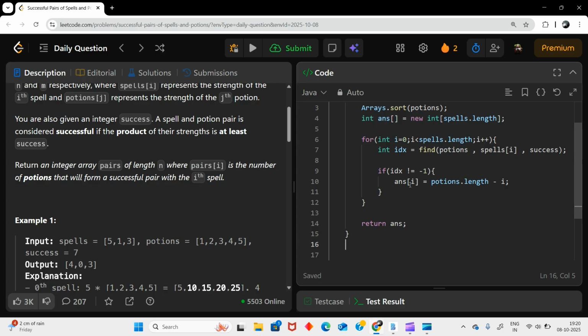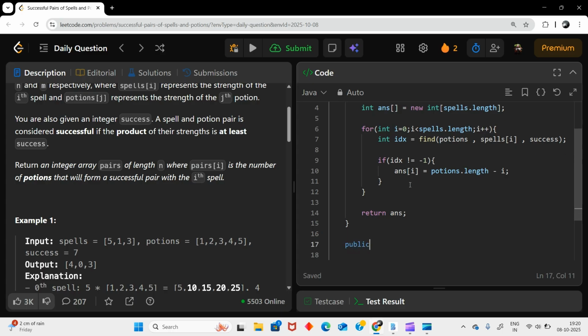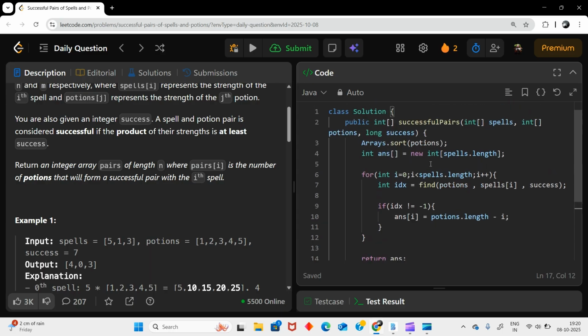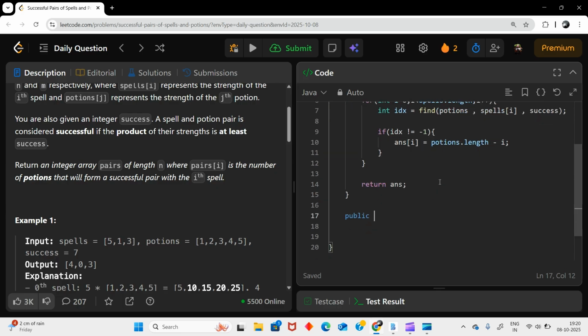And again here we will write one method, public int find, where it will accept the int portions, the strength of the spell, and the success. It should be long.